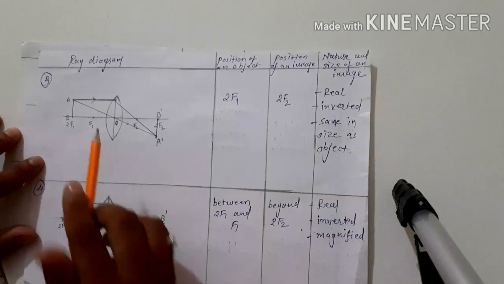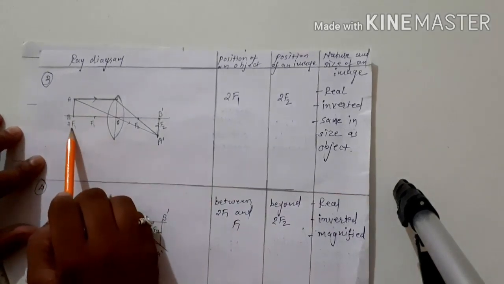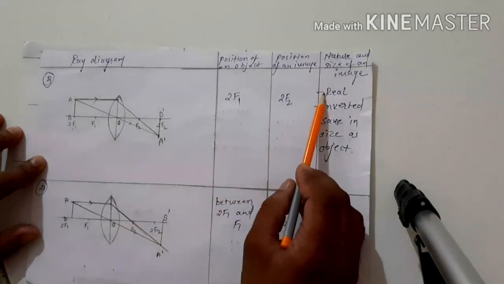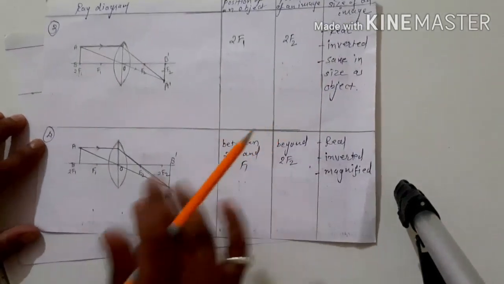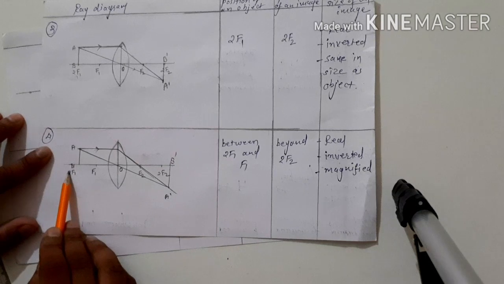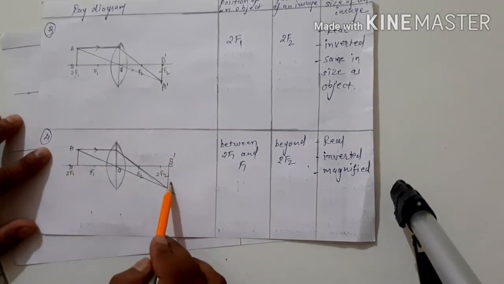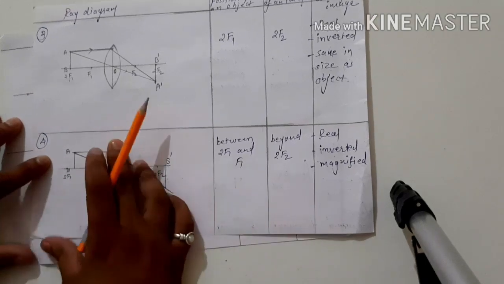In the third case, if the object is at 2F1, we get the image at 2F2, real, inverted, and the same size as the object. If it is between 2F1 and F1, we get the image beyond 2F2. It will be real, inverted, and magnified.